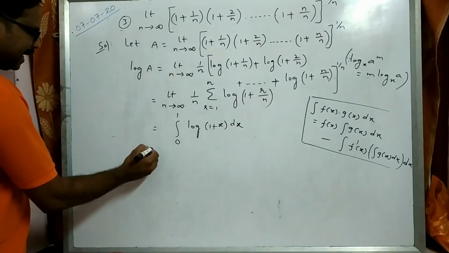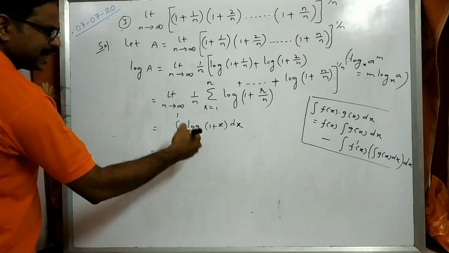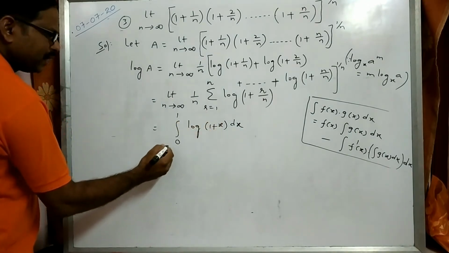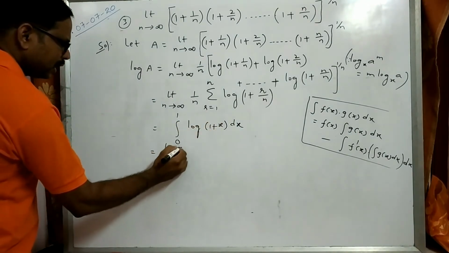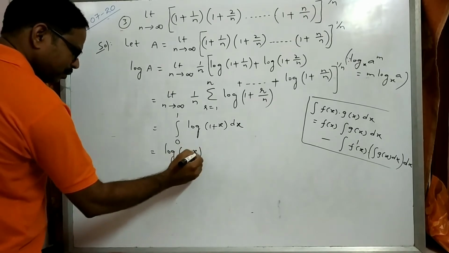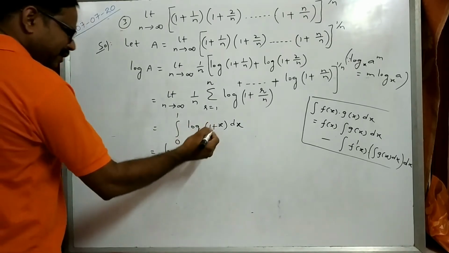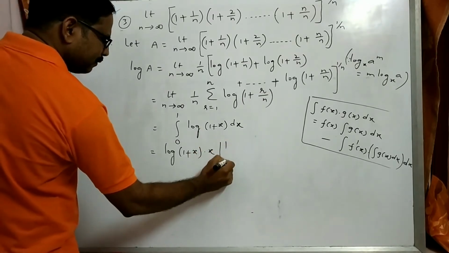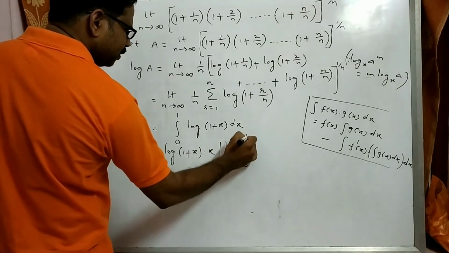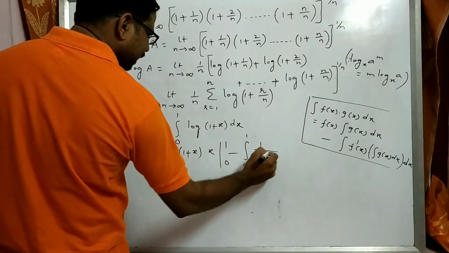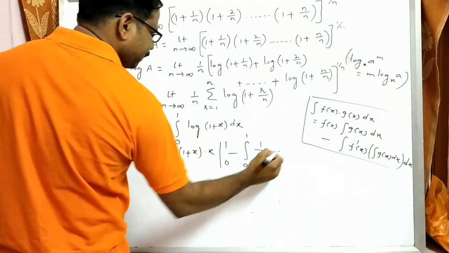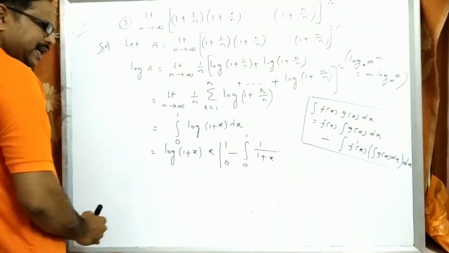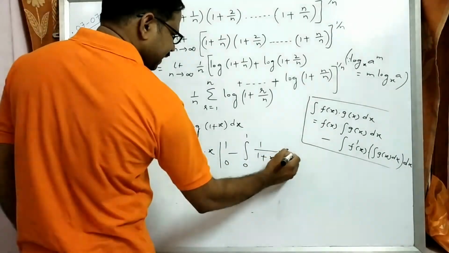Here I will take the first function as log of 1 plus x, and the second function I will take as 1. So first function log of 1 plus x into the second function's integration; the integration of 1 is x, with limits from 0 to 1, minus integral 0 to 1 of f dash x, which is 1 by 1 plus x, into integral of g of x dx, which is x.